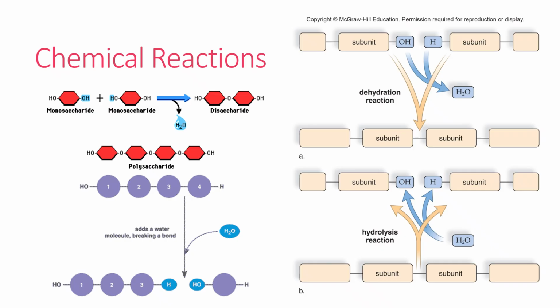So we take it from a form the cell can't really use, we break it down into these small subunits, and then the subunits go into the cell, and then the cell builds it back up into whatever it needs to function properly, which is really awesome if you think about this for a second. Taking something that we can't use, we break it down into the individual subunits, and then we use those subunits to build it back up into something we can use, which is just absolutely fascinating.